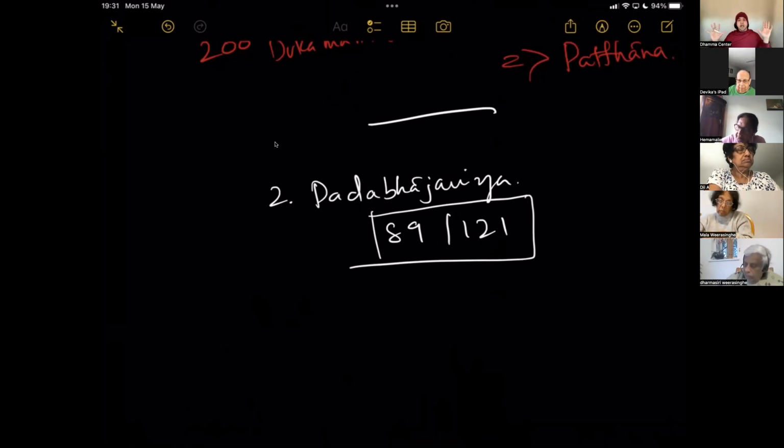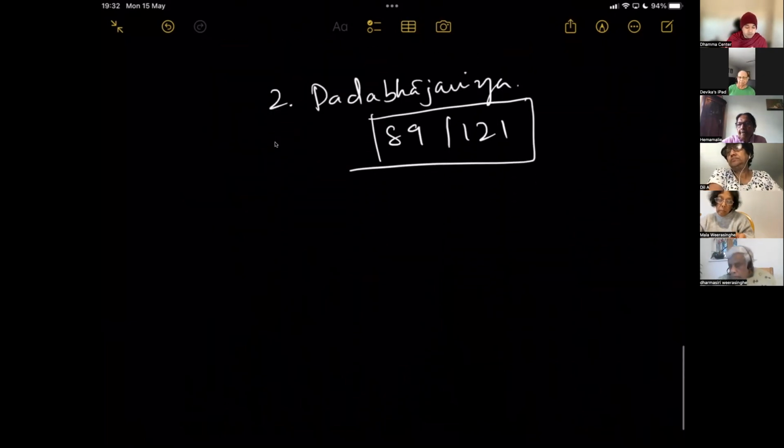Now, how do we access this? How do we gain the right of passage to explore this piece of Dhamma found within the Dhammasangani?